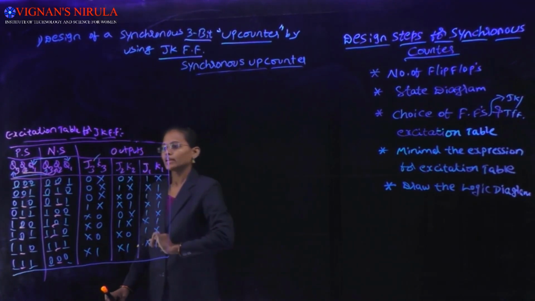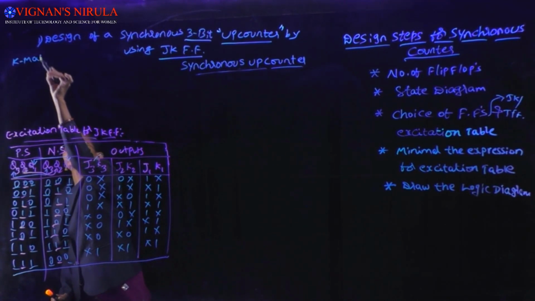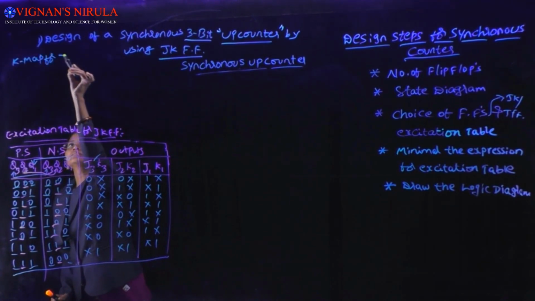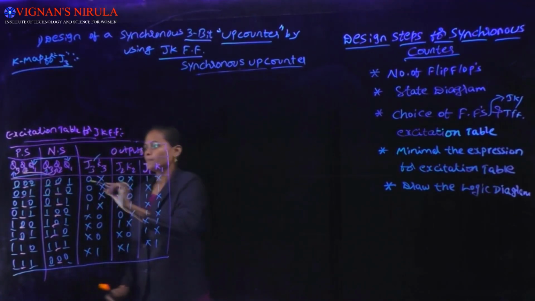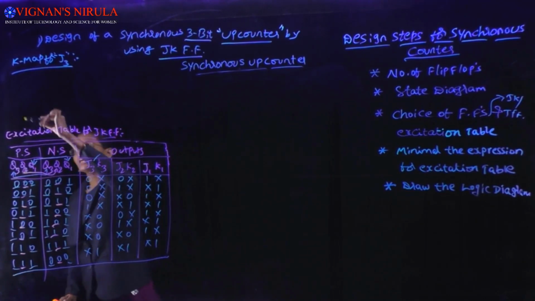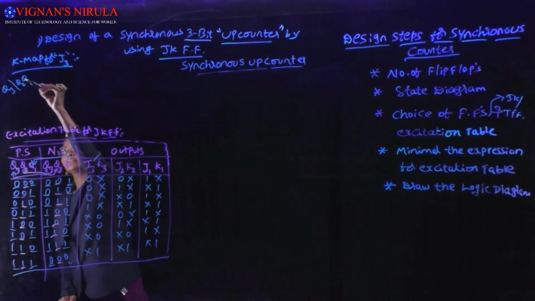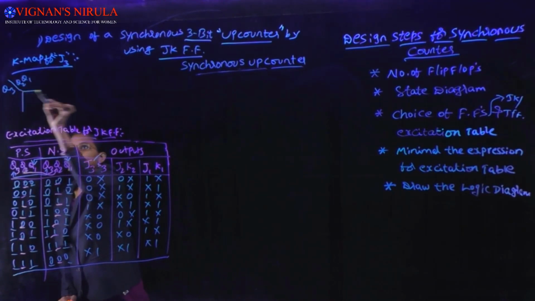First, K map for J3. Here, present state, we are considering the inputs. Okay, 3 inputs, and draw the 8-cell K map structure.